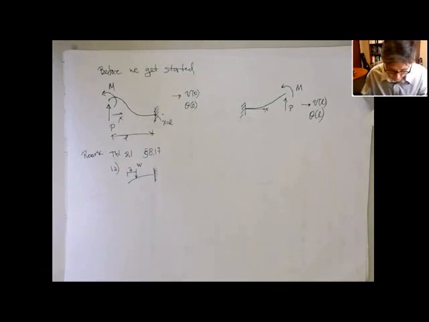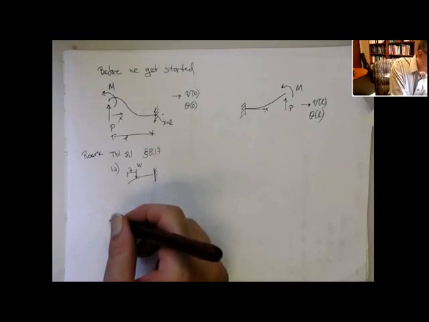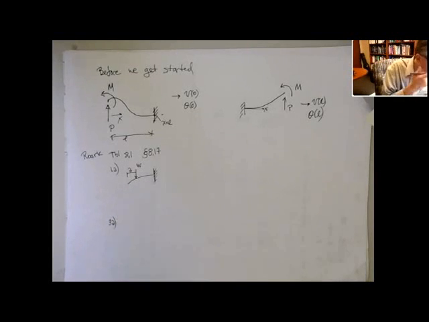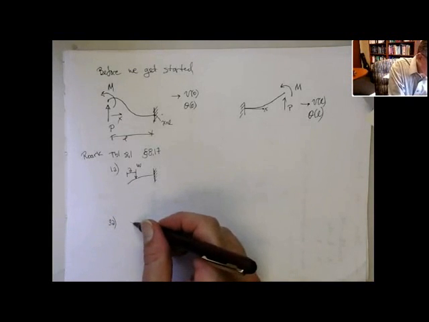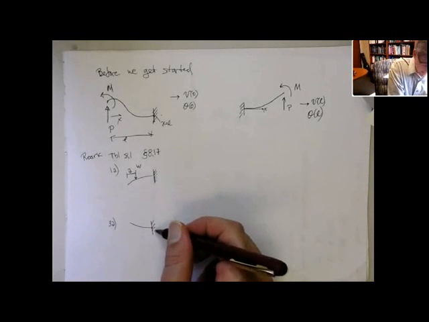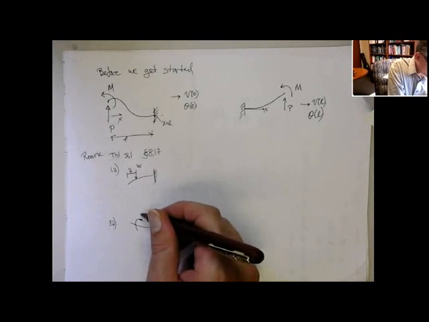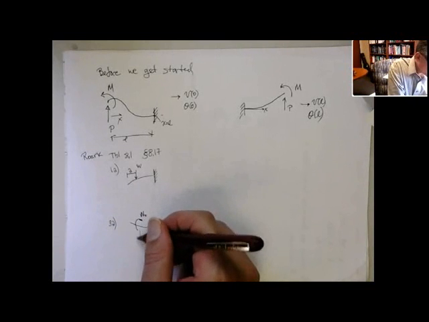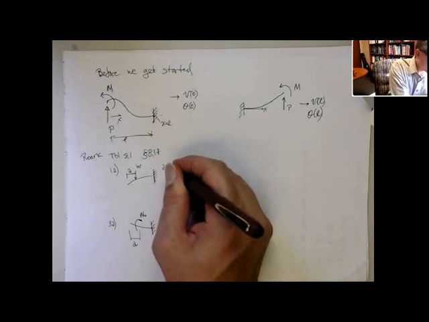But then I also look at case 3A in the same table. It has a bending moment at some point, M0, applied again at some distance A. In both these cases, A is going to go to 0.